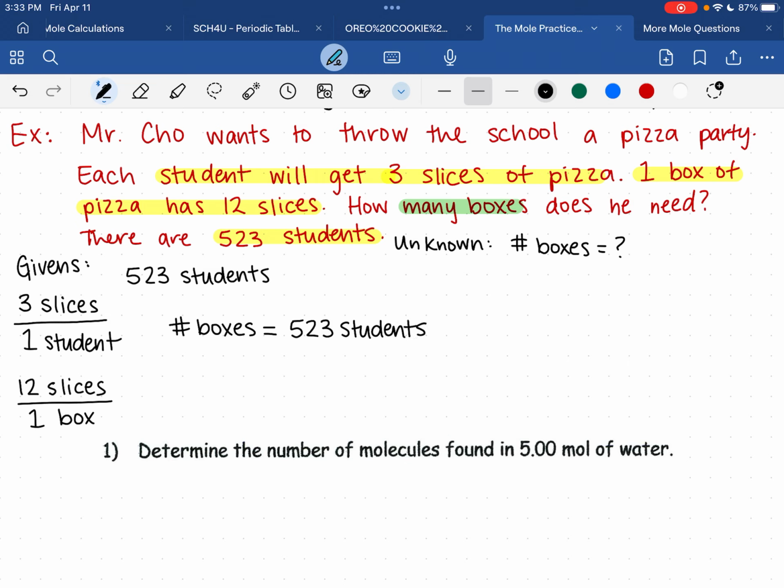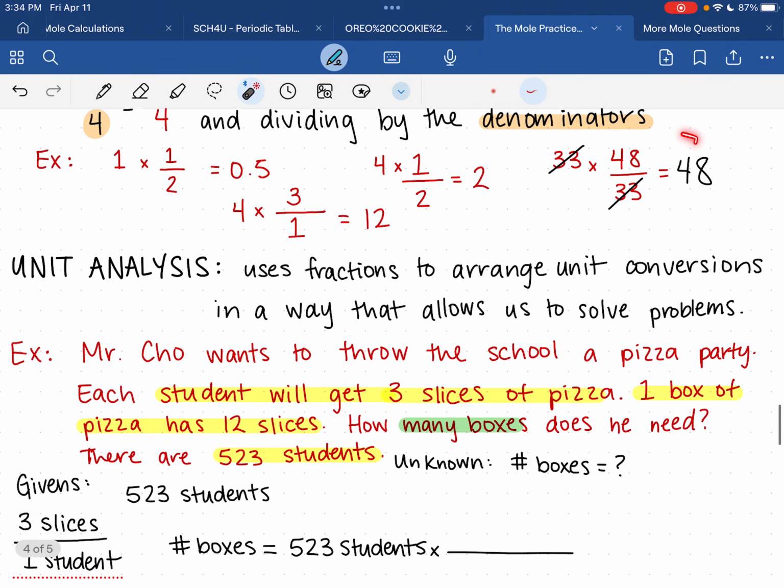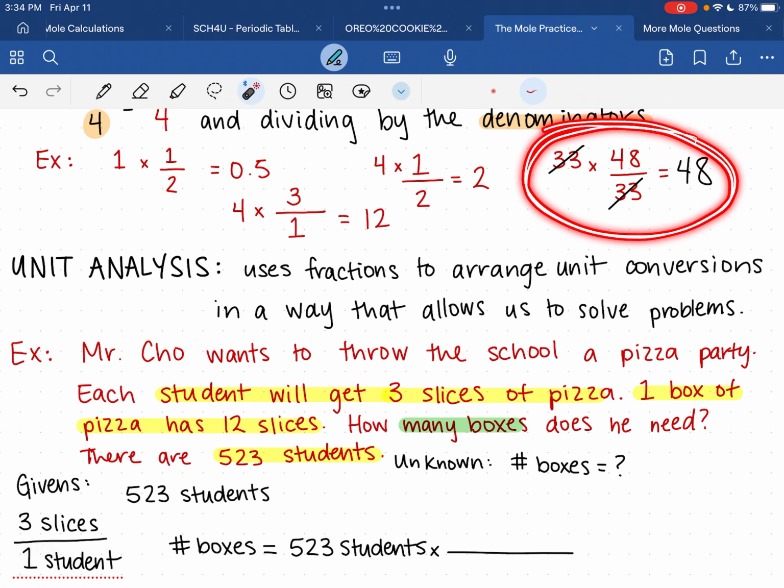Now our next part is we need to find a conversion fraction that's going to cancel out the unit students. In the example up here, the 33 and the 33 canceled out.